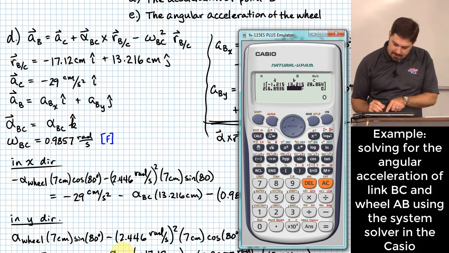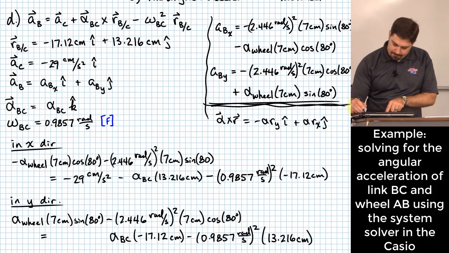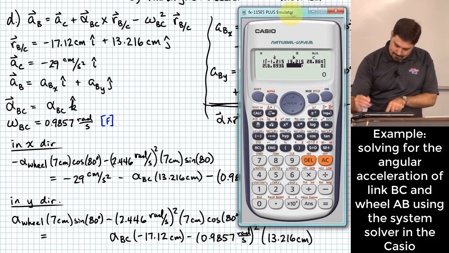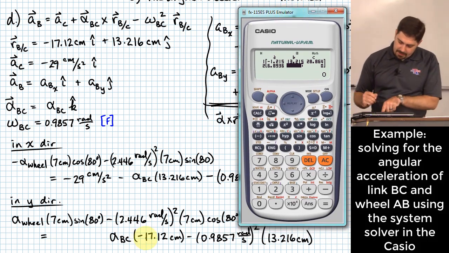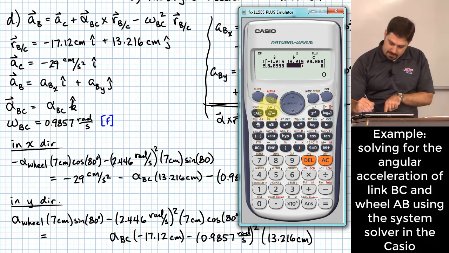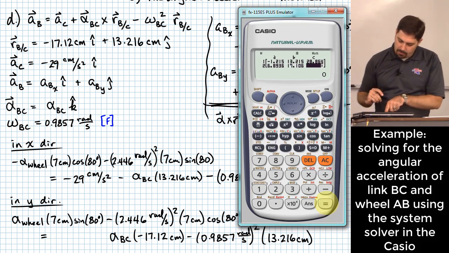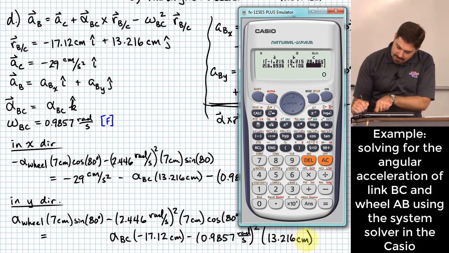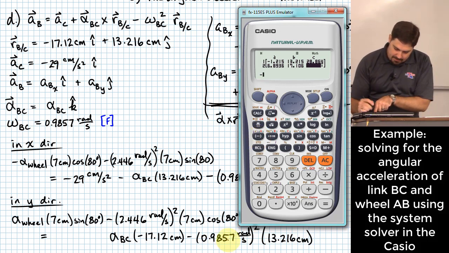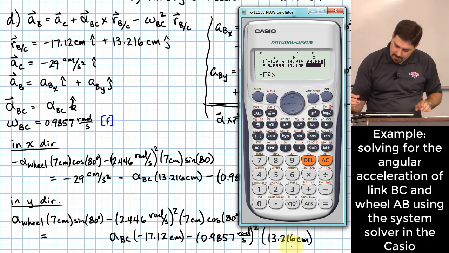I'll have to skip ahead here to my alpha BC, which needs to move to the left side of the equation. And when it does that, the negative becomes a positive, and so I end up putting in just 17.12 in that one. Now, on the right side of the equation, I already had a negative 0.9857, which I have stored in F. Oh, and that's going to be squared times 13.216 centimeters.